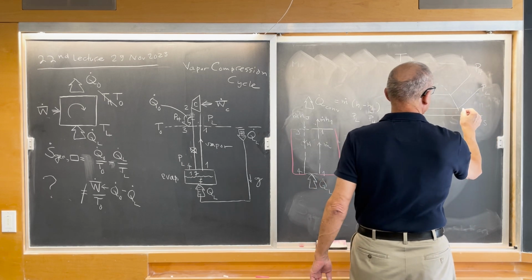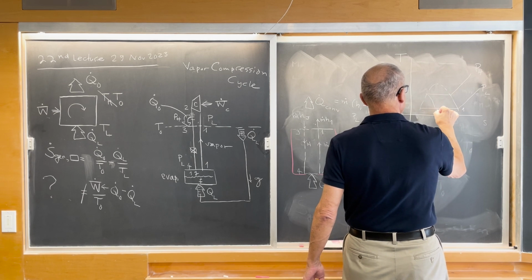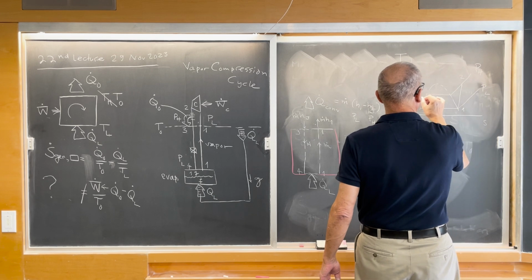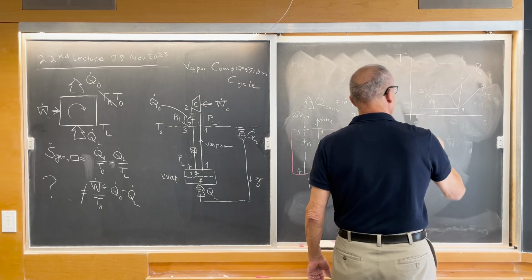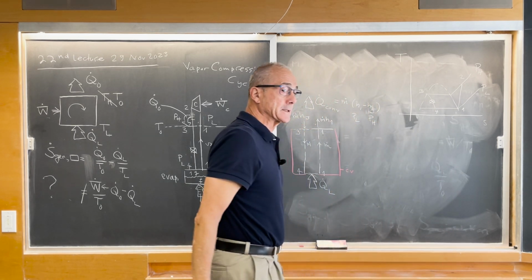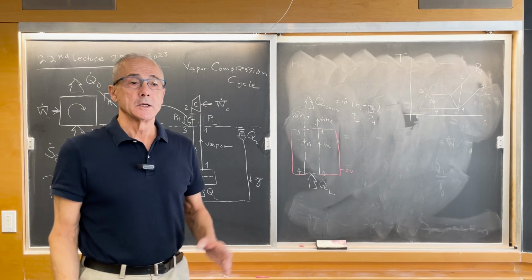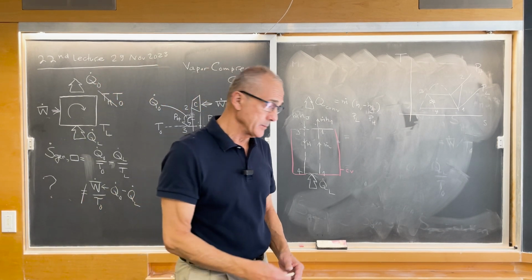with the states 1 is here, state 4 is here, state 2 is here, and state 3 is here. This curved line is the throttling from state 3 to state 4. Throttling is a flow at constant enthalpy.